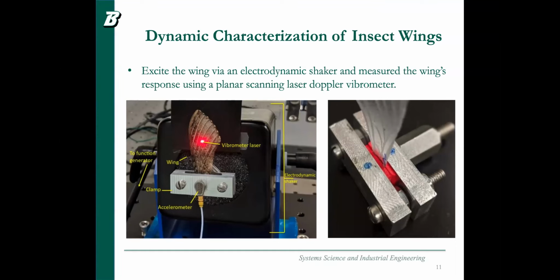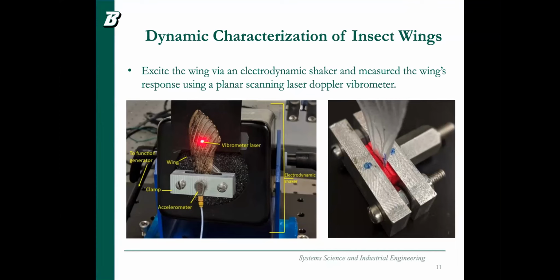There is an electrodynamic shaker, which is a very big box. To drive this, there is a function generator, and also a clamp to fix the wings, and an accelerometer to get signals back.